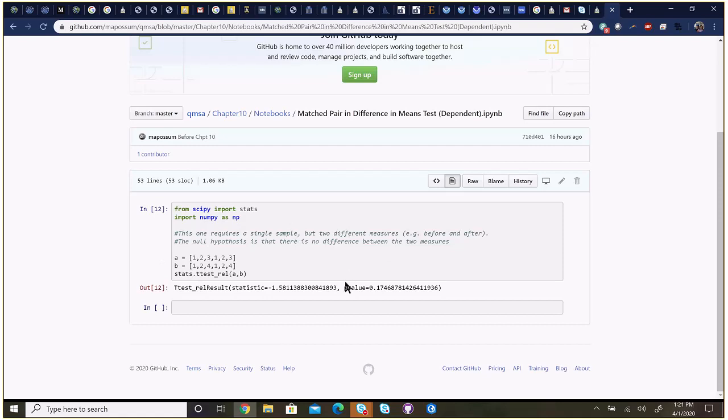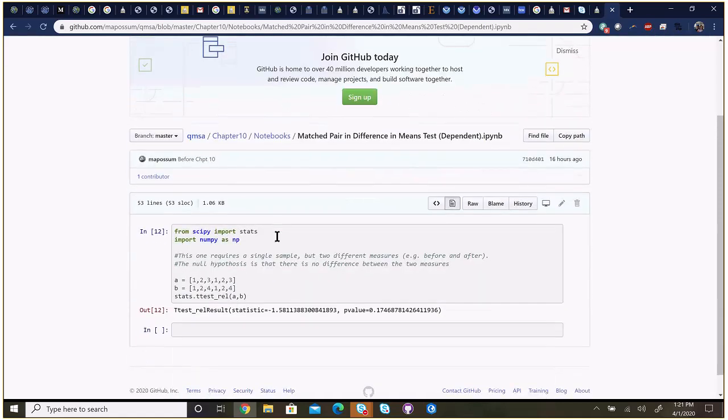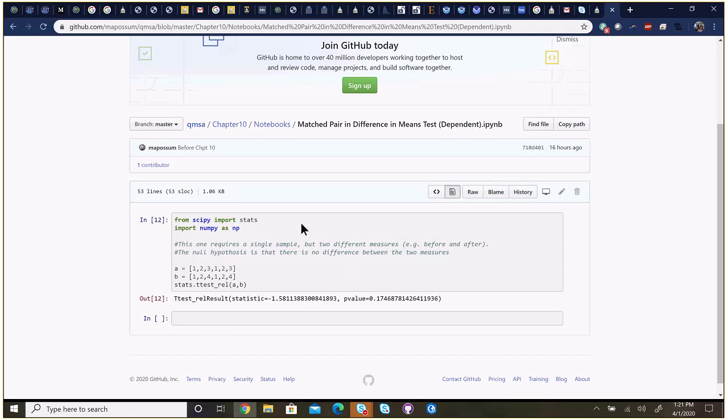Okay, so you're just reviewing before. If we look back at chapter 10, this test is for looking at two groups of data and determining if those two groups of data are equal or are they not equal.